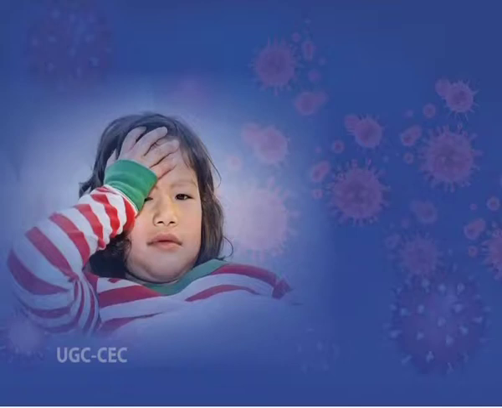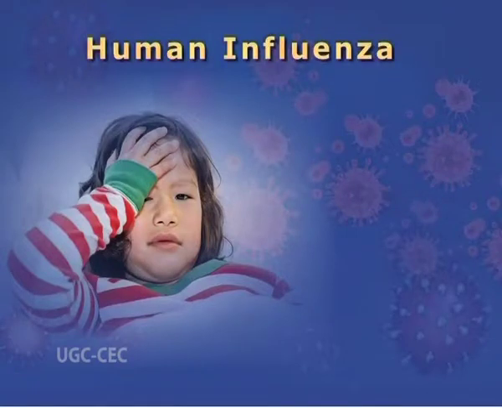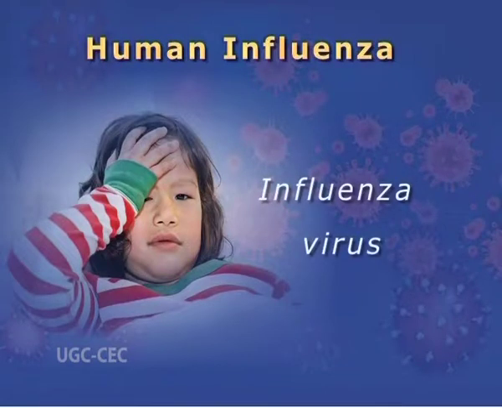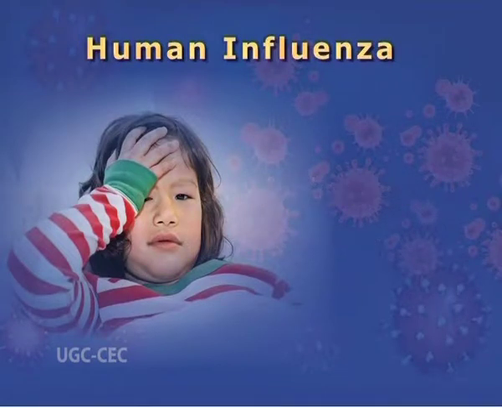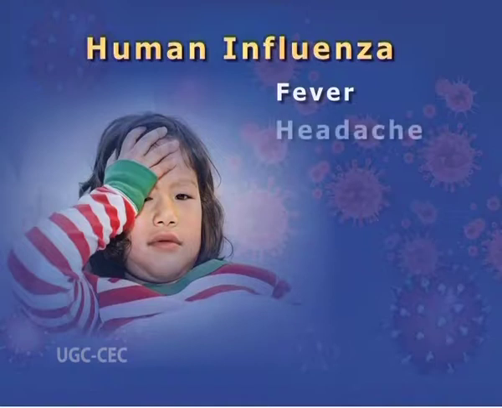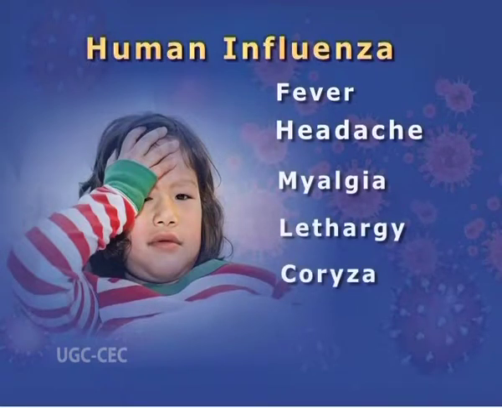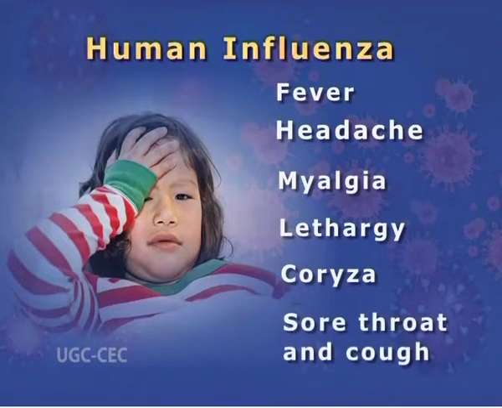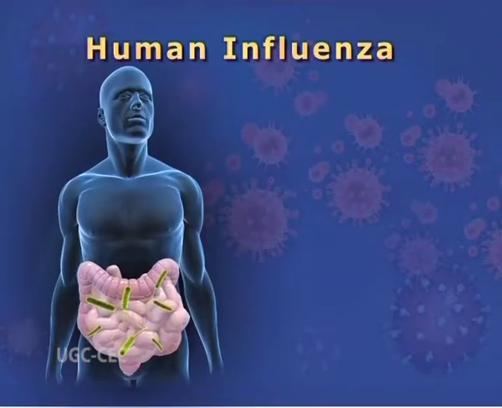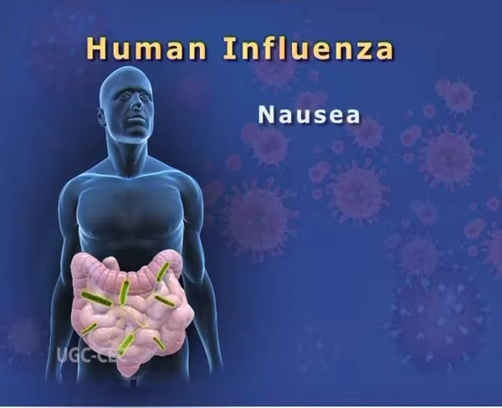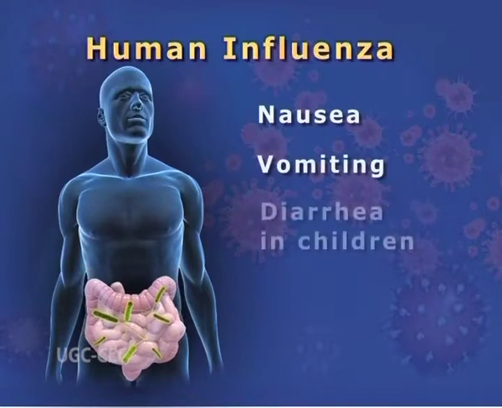A few examples of human pathogenic viruses and diseases include human influenza, causative agent influenza virus. Symptoms: fever, headache, myalgia, lethargy, coryza, sore throat and cough, and gastrointestinal symptoms such as nausea, vomiting and diarrhea in children.